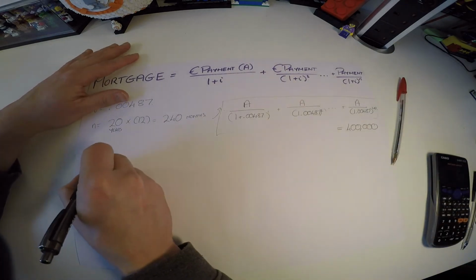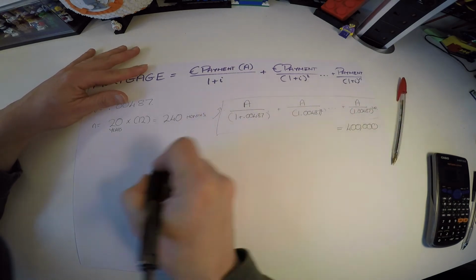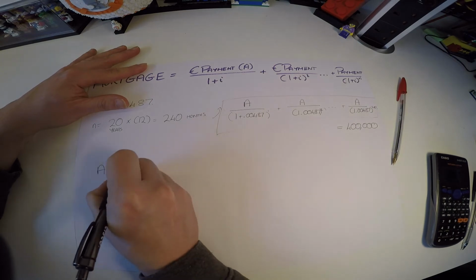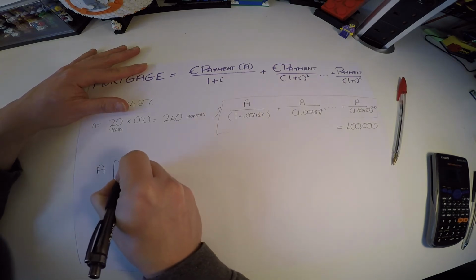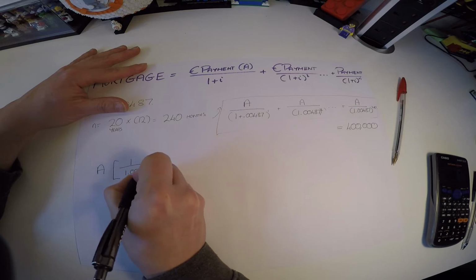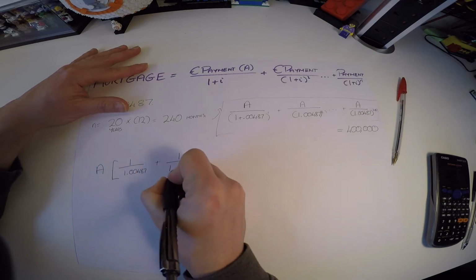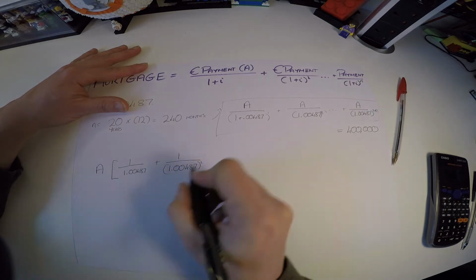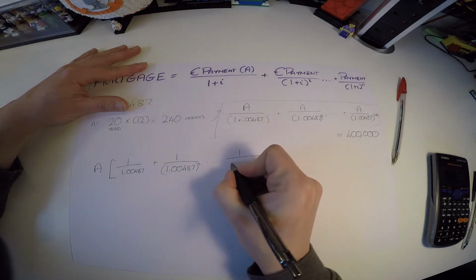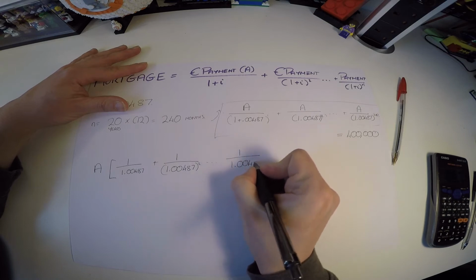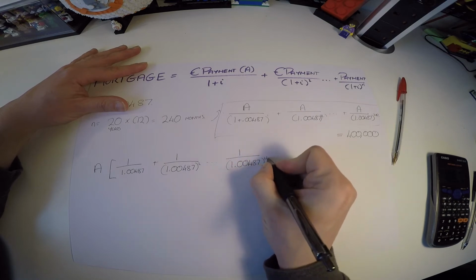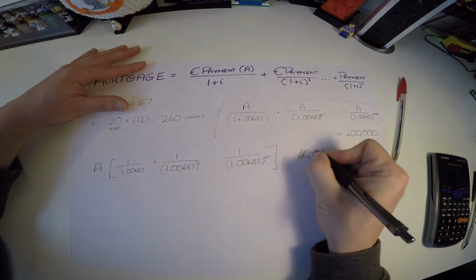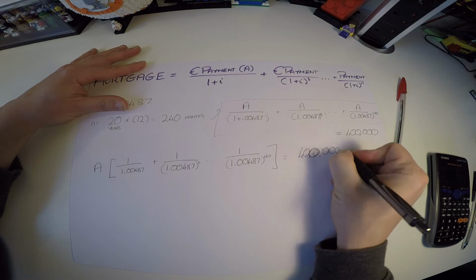So looking at that, I could take an A out of what's in here and rewrite this stuff in the red box as A outside and inside 1 over 1.00487 plus 1 over 1.00487 squared, and so on to the last one, which is 1 over 1.00487 to the 240, and all that stuff's going to be equal to 400,000.